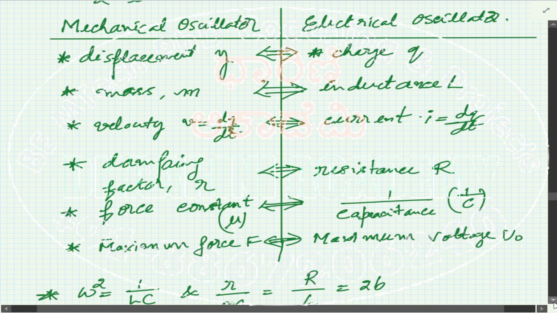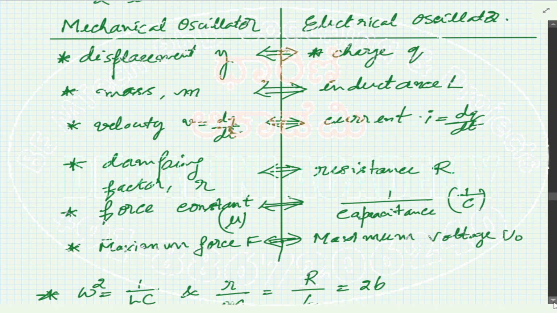So displacement is equivalent to charge in the electrical system, mass in a mechanical system is equal to inductance, and so on. You can see that velocity and current are equivalent. Damping factor small r is equal to resistance capital R in the electrical circuit.